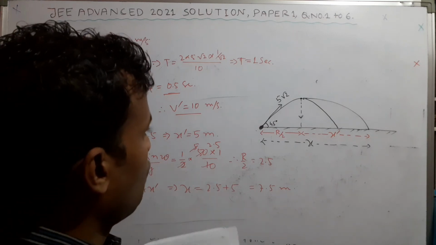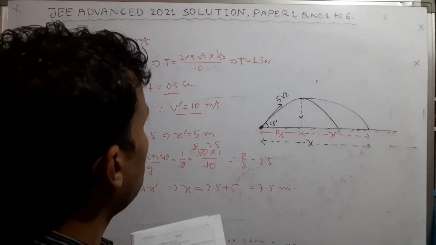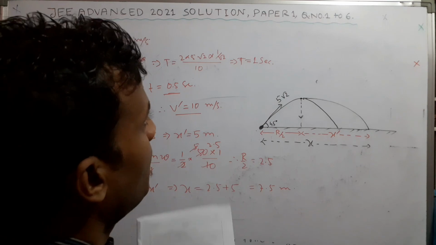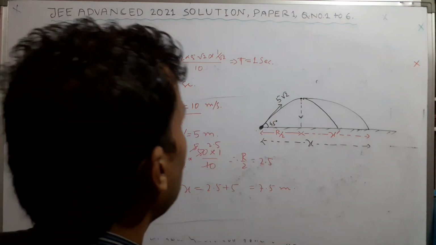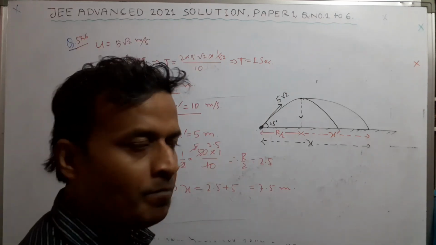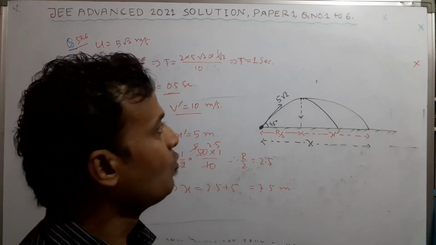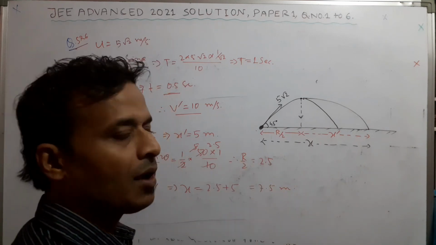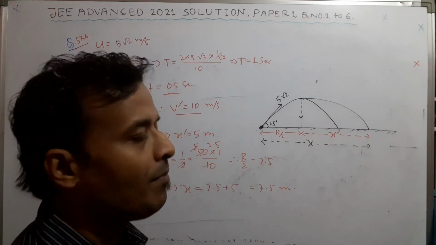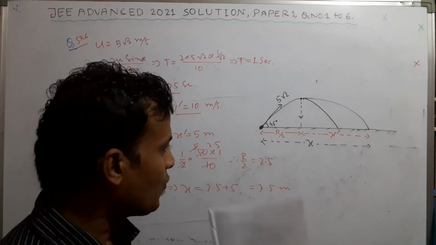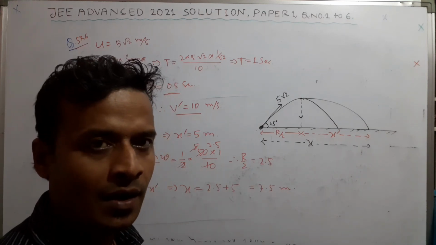Okay, so in this video we have covered from question number 1 to question number 6 of paper 1. In the upcoming videos we will do the remaining questions of paper 1, and also we will take up paper 2. Okay, so I hope that you have understood it well.